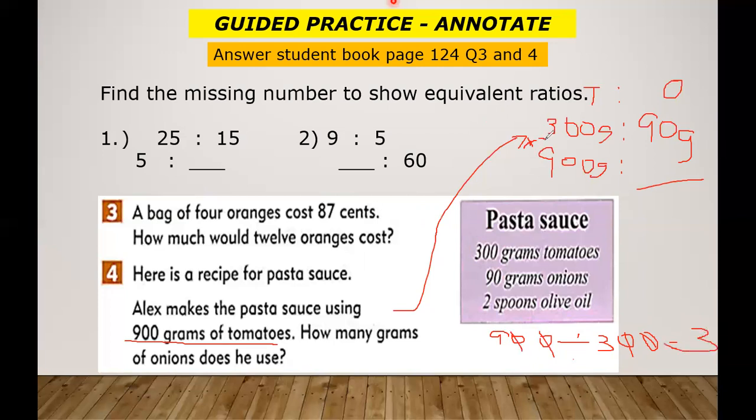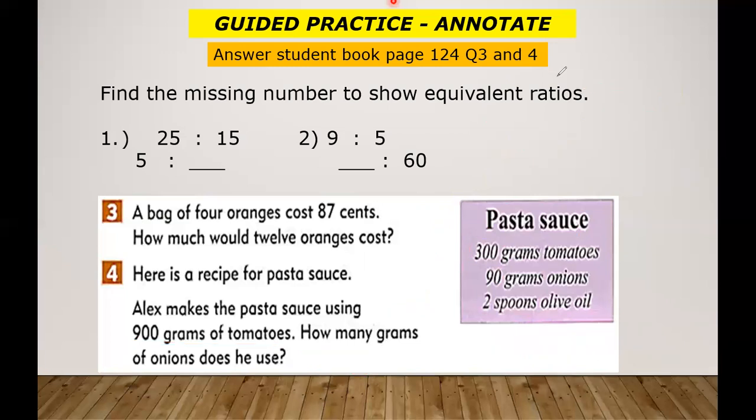So we multiplied both sides by 3. So 90 times 3: 0 times 3 is 0, 9 times 3 is 27, so 270. Therefore, how many grams of onions does he use? He used 270 grams of onion. All right? I hope you understand that. Let's move to the next question.